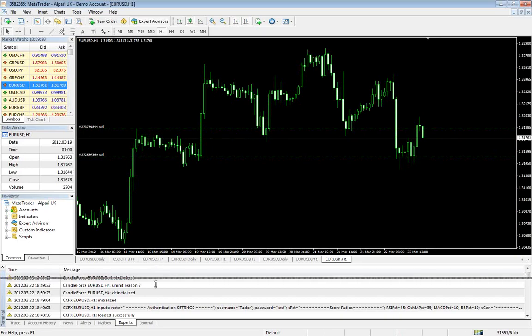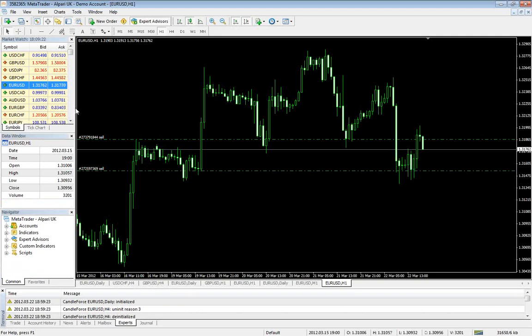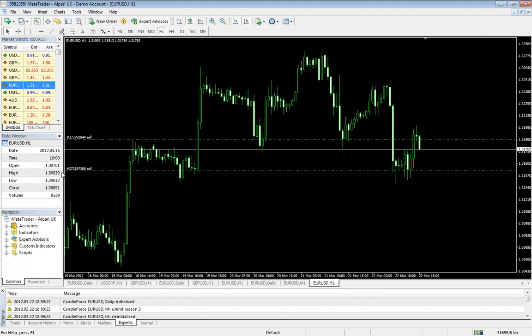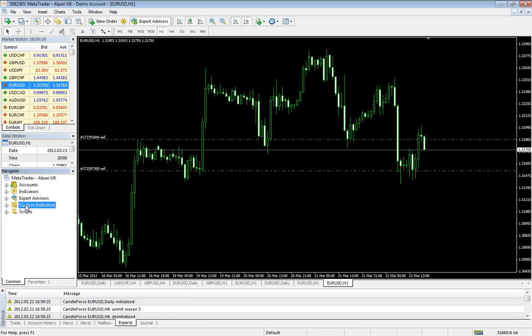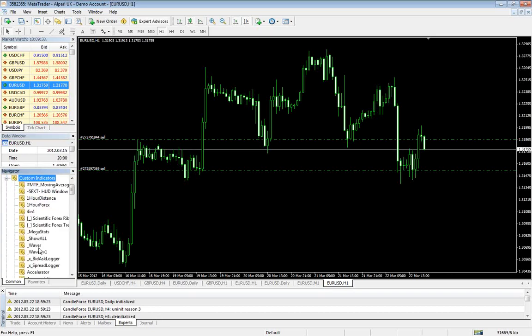We can make it a little bit bigger. All of the indicators which you will be installing will be under the custom indicators. In the indicators folder, there are only those which come built in MT4. In the custom one are the ones which are installed by you.